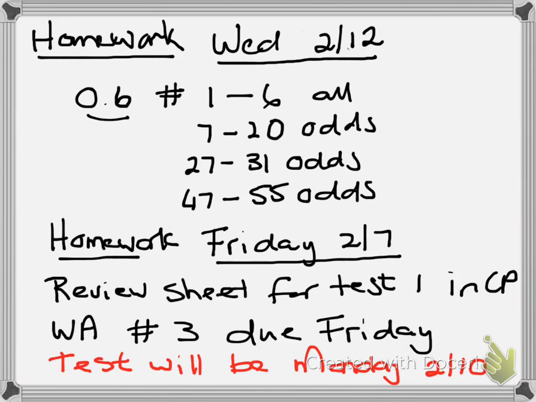You're only going to do these assigned problems because we have not done the trinomial and the complete square yet. And then the homework for Friday: just go over the review sheet, come with all your questions, and do the review sheet which is in the course packet. And remember, web assign number 3 is due Friday. The test will then be on Monday, February 10th.